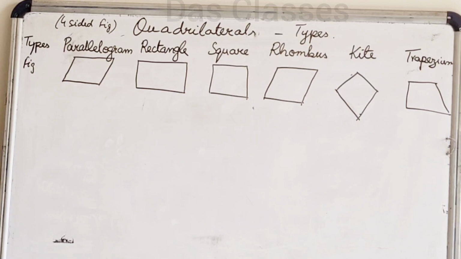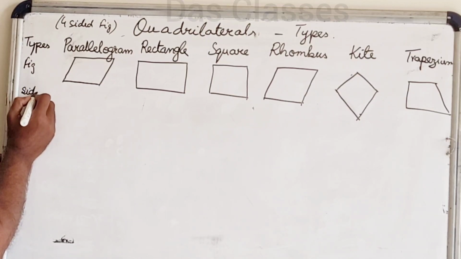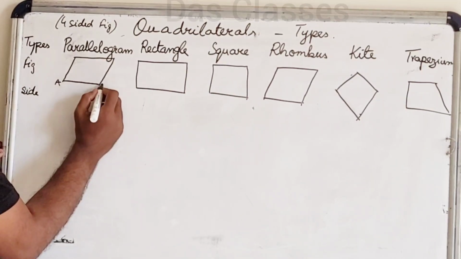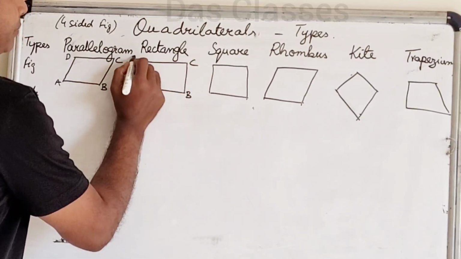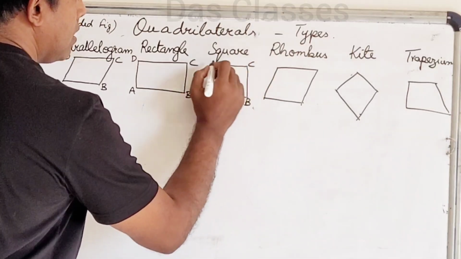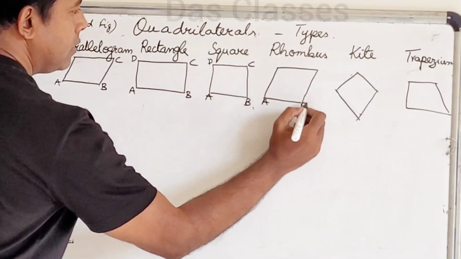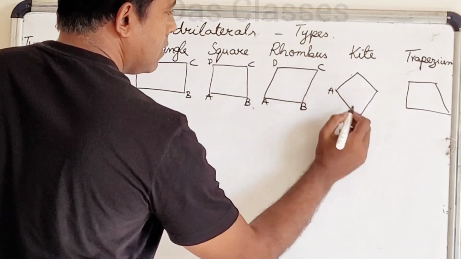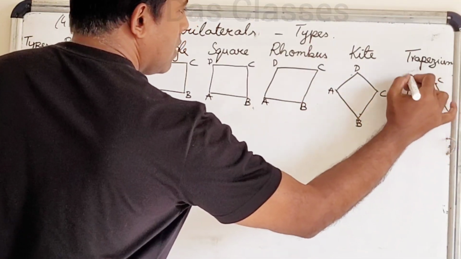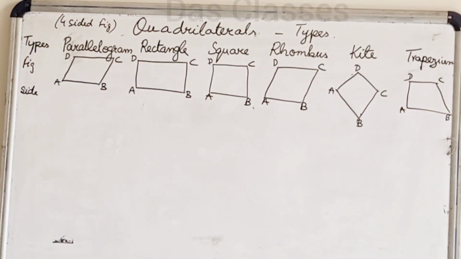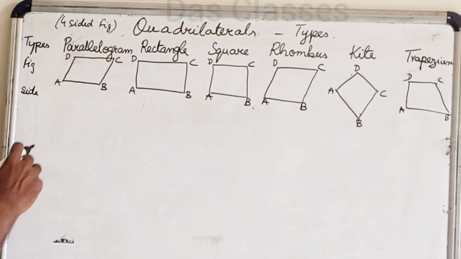Now we will discuss these quadrilaterals by seeing one of their constituents. Let's start with sides. Let's name all these quadrilaterals A, B, C, D. So, about the sides.